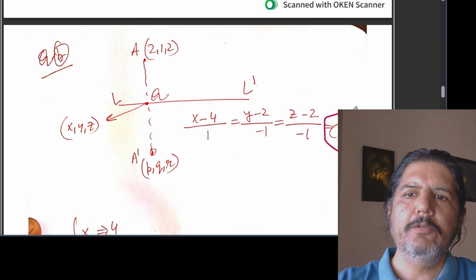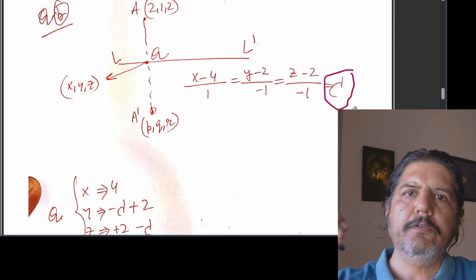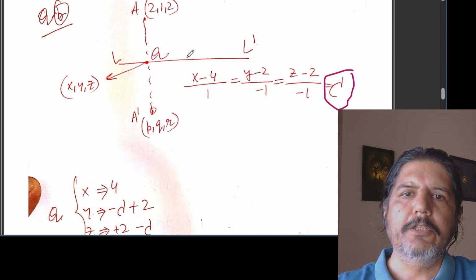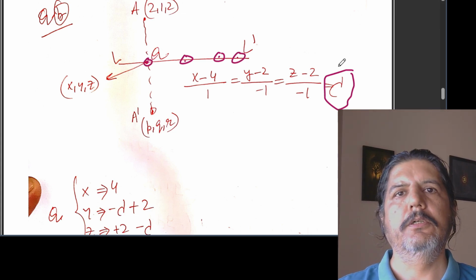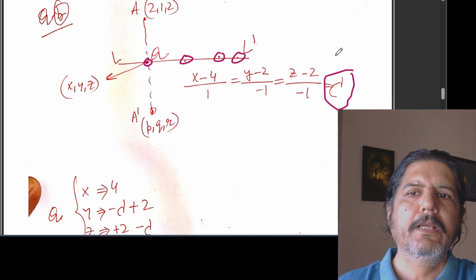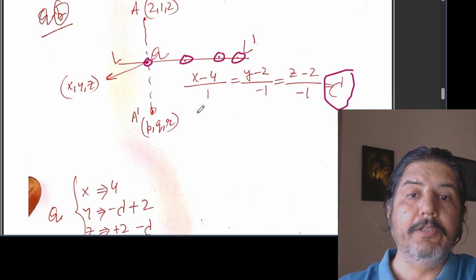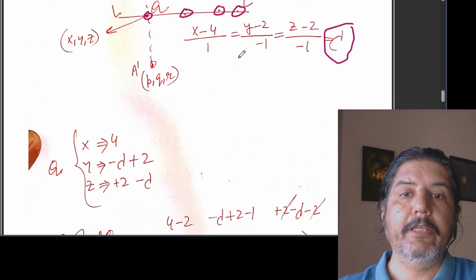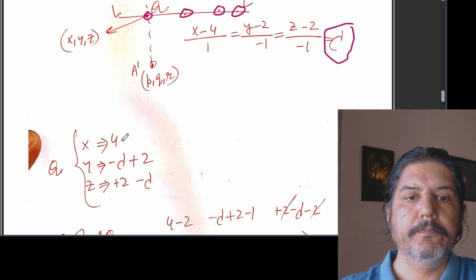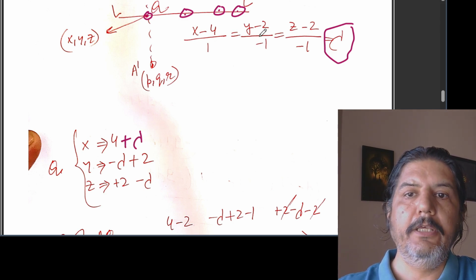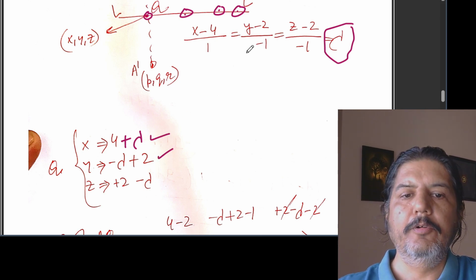Now, why do I do this? I do this because I want a random point on this line. Basically, I want this point Q. Using this format, it is easier for me to say that the random point would be given by x equals lambda plus 4, y would be minus lambda plus 2, and z would be equal to minus lambda plus 2.